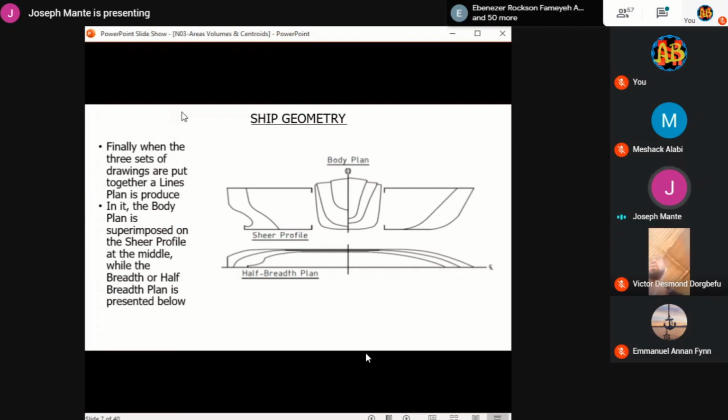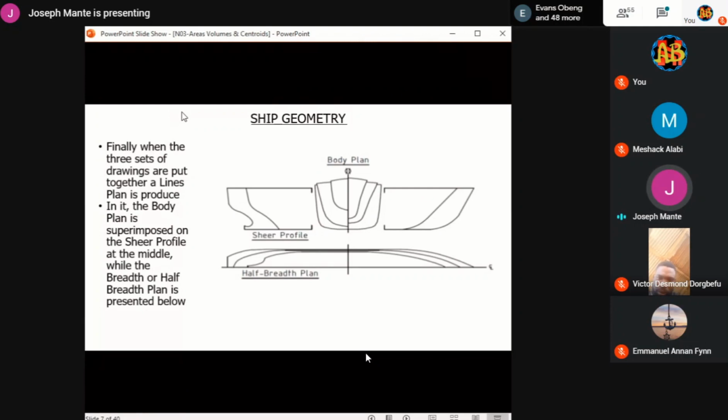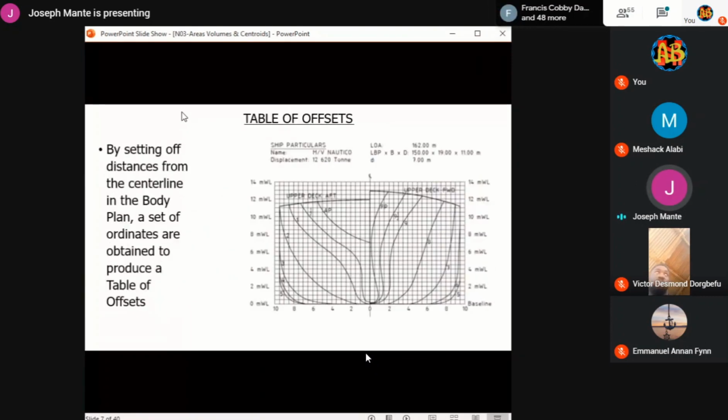These are very important, for those that will be advancing. These are some of the things you yourself have to know. So when you see the body plan, the sheer profile, and the half breadth plan, just know that these are lines plan.